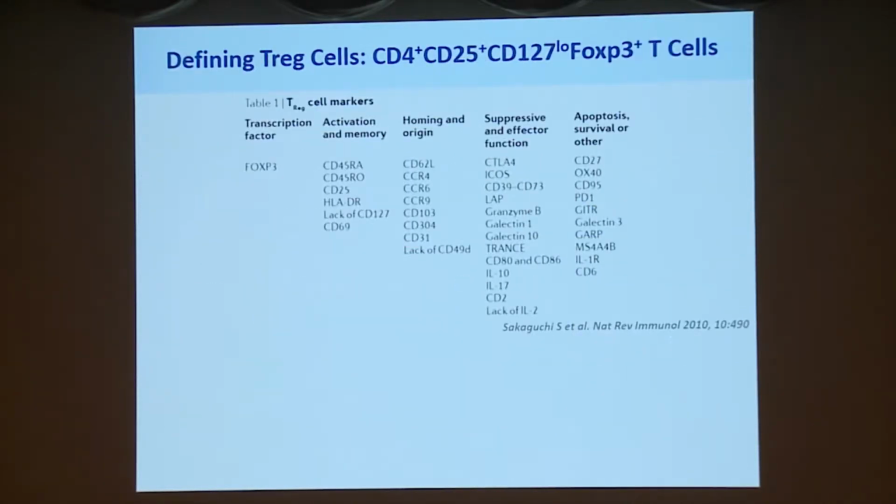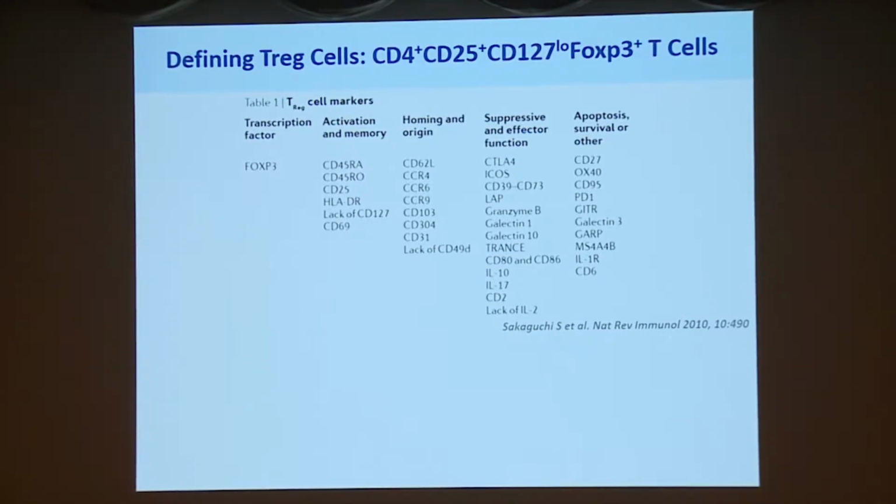In my study, we defined the Treg cell with a very strict definition. Not only CD4 positive, CD25 positive, FOXP3 positive, but we also applied the CD127 low marker, because in human T cells, effector non-Treg cells can transiently acquire FOXP3 expression during activation.